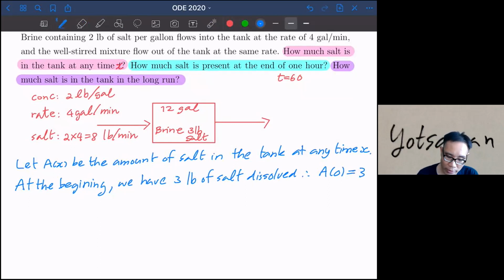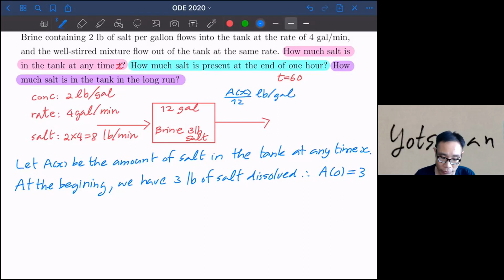And you're gonna have the water that goes into this tank, and it's gonna stir together with this 3 pounds. So you're gonna have the concentration of the thing that's gonna flow out turn out to be A(x) over the capacity, which is 12 pounds per gallon.